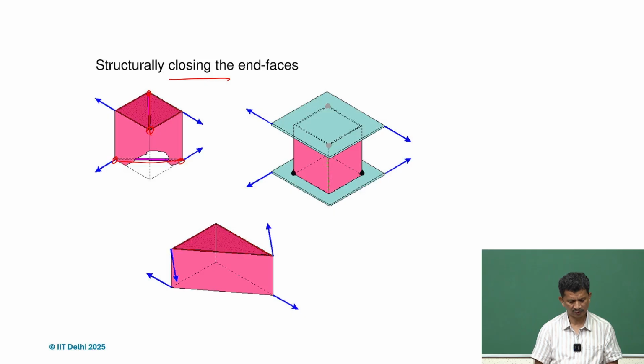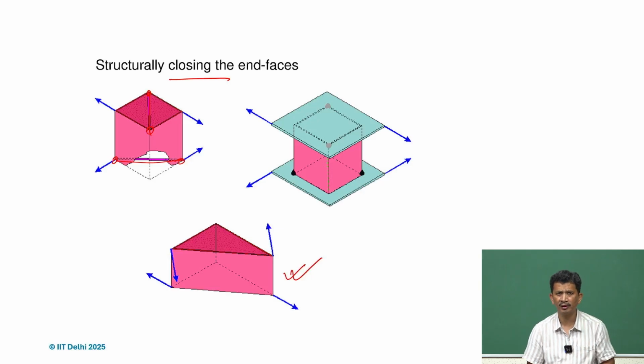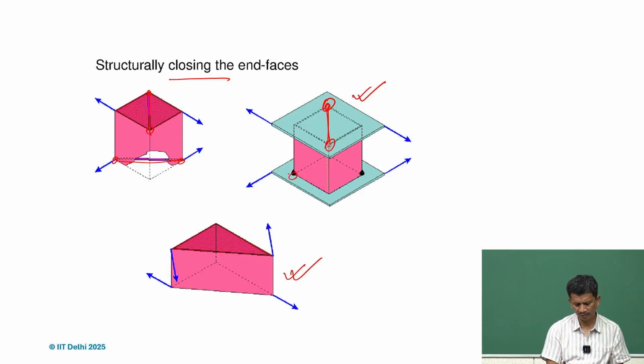And going by the same logic, we can also go for the triangular construction. So instead of the parallelopiped one, if we tend to use the plates, what is important is how to close it. So what we see here is we just need to weld the corners. If we just weld it here, that is sufficient, because then we create a link here, and similarly we just close it here.